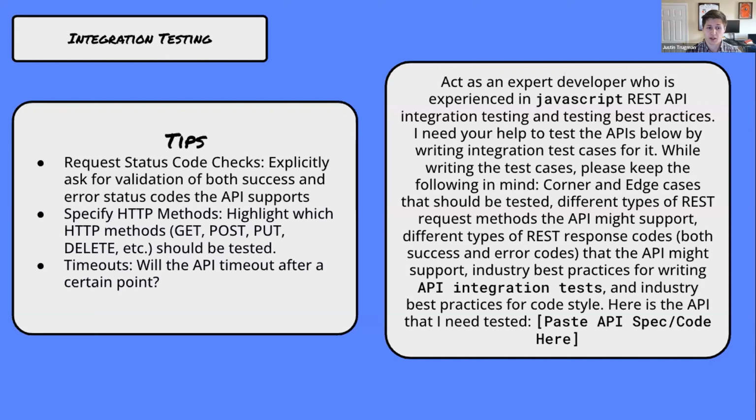Timeouts was actually one thing that was pretty tricky to test at one company I was working with. The API that we were calling had to perform a lot of logic, and it took a while to return a response. So it's important to let the model know what timeout should be expected.